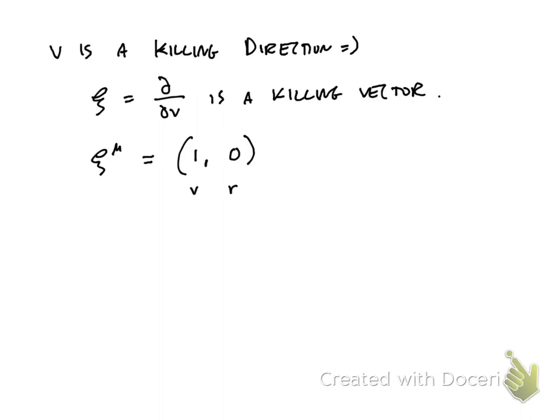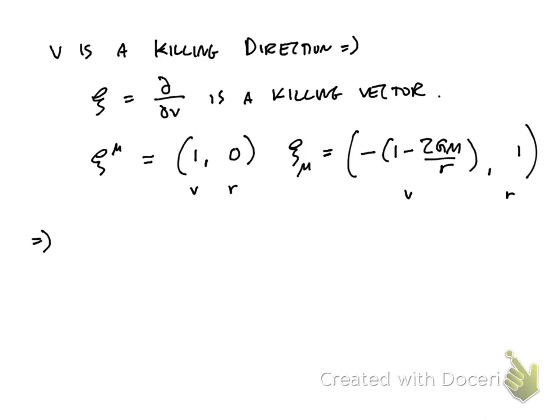And now I can use the metric that I wrote down previously to lower the index. If I do that, what I find is that zeta mu turns out to be minus (1 minus 2GM over r), 1. So these are the lower components of zeta mu. Now, what is the point of Killing vectors? The point of Killing vectors is that if you dot them into the four-velocity, you get a conserved quantity.